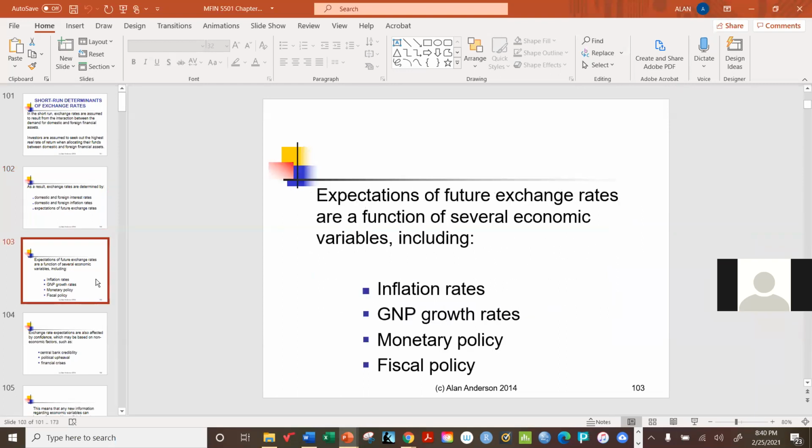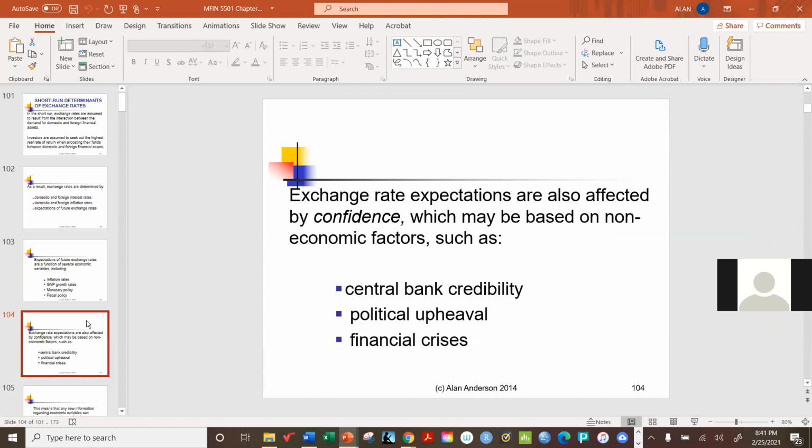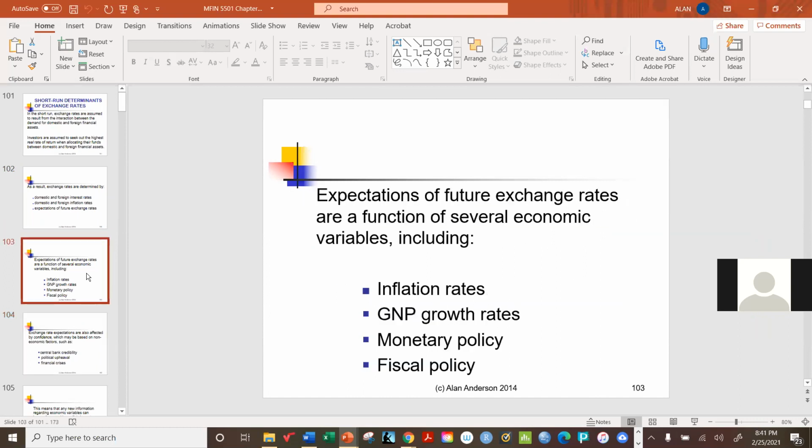Expectations are determined by many different types of economic variables, like inflation rates, GNP growth rates, monetary policy, fiscal policy, but also from many different non-economic factors like central bank credibility, political upheaval, financial crises. So in other words, expectations are largely driven by confidence, among other things, and that can change very, very quickly.